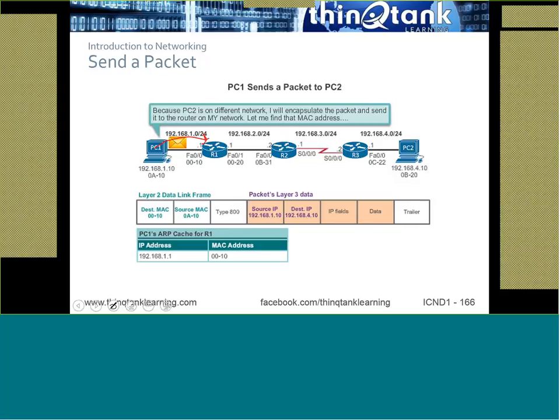So the first thing the router is going to do is look at the layer 2 header and say, is this letter for me? Based on that destination MAC address, the router says, oh, this letter is for me. So it's going to open up the envelope, which is the layer 2 header. It's going to throw away the envelope, so layer 2 goes away. Then it looks at the destination IP and makes a routing decision, okay?